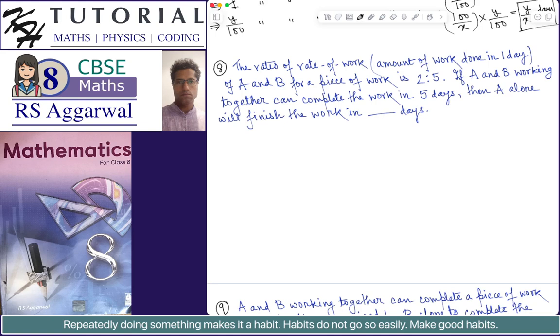Okay. Now we will have to use the concept of ratio and proportion. The ratio of rate of work of A and B, that is the ratio of amount of work done in 1 day by A and the amount of work done in 1 day by B is given to be 2 is to 5.